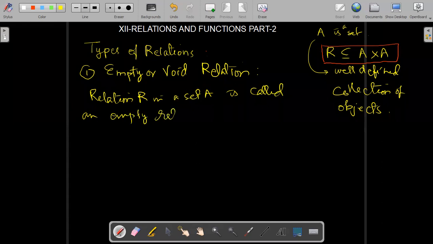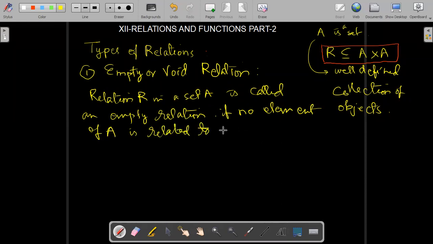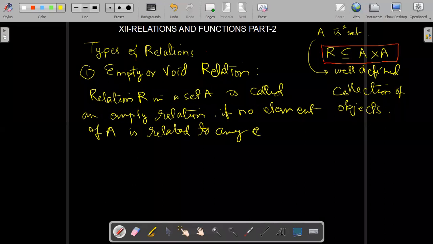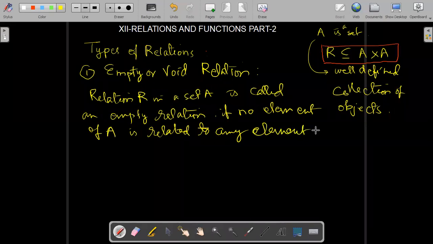An empty relation means it has the null set. If no element of A is related to any element of A, then we denote R as the null set.